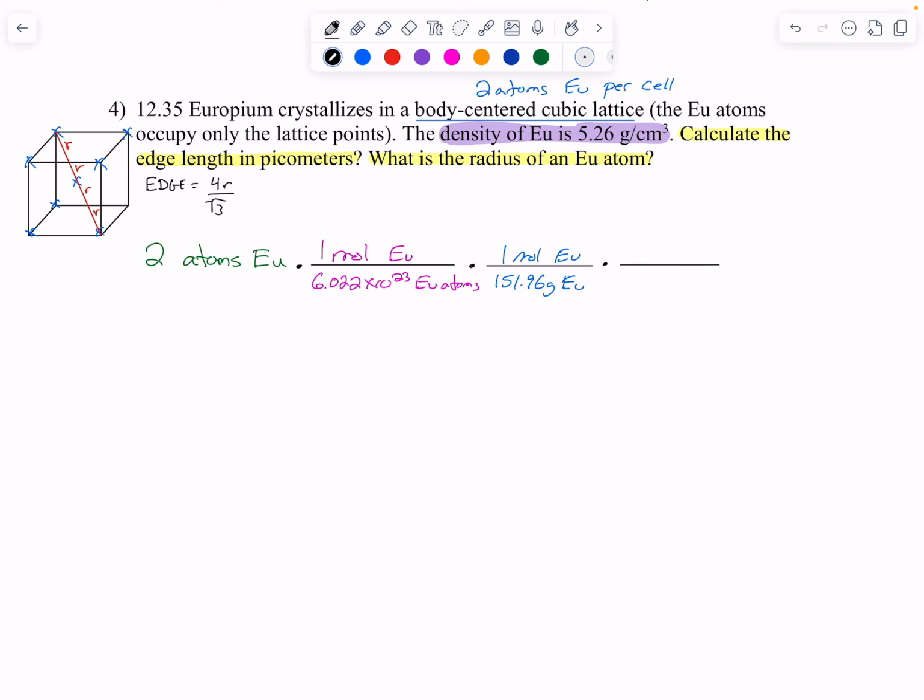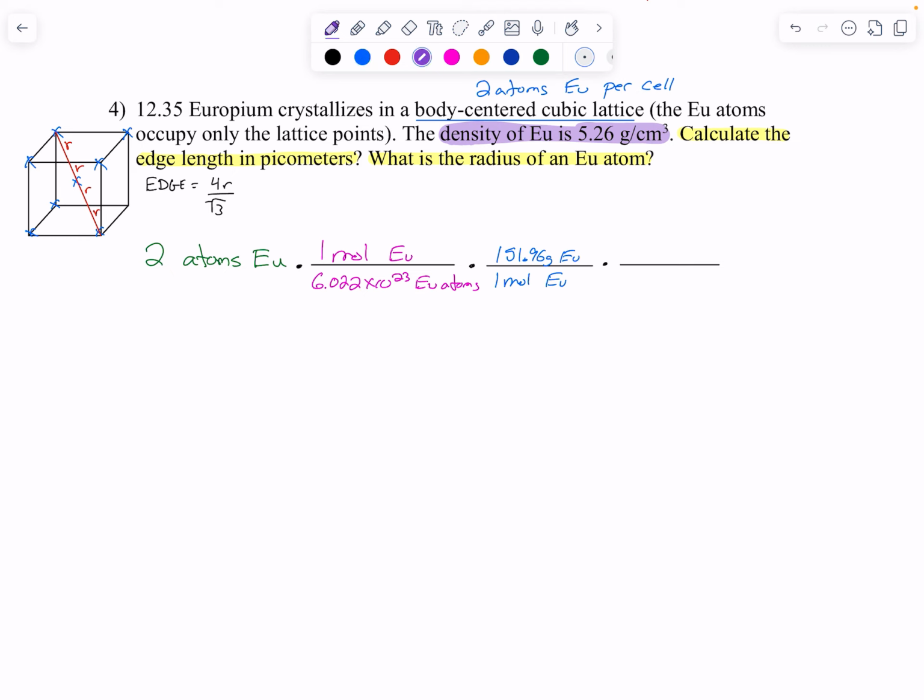And then we know that, I did that backwards. Sorry about that. Let's try that again. 1 mole on the bottom is 151.96 grams. How about that? That's a lot better.